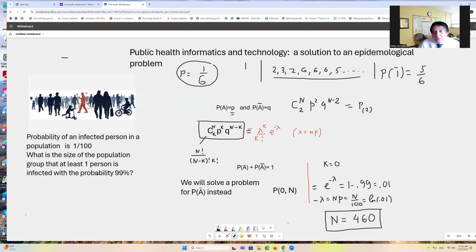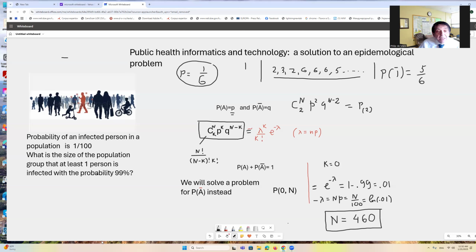I will show you now how we can solve this fundamental problem in a very, very simple way. So the idea of how to solve this fundamental epidemiological problem is not to solve this problem, but to solve a problem which is complementary. We will find the probability that we will not see infected people in this group.